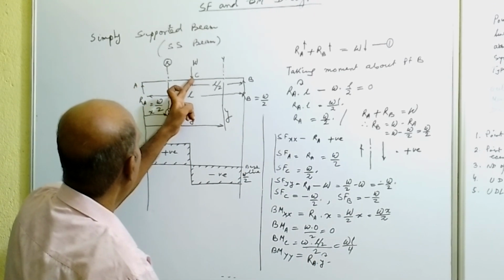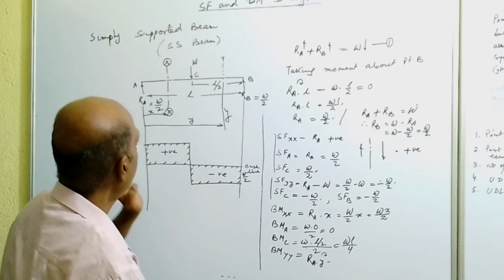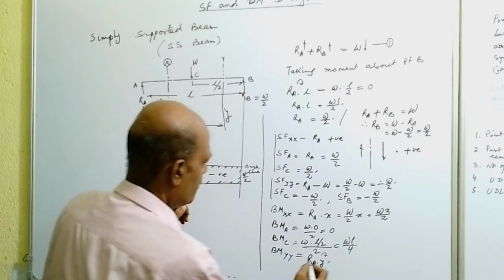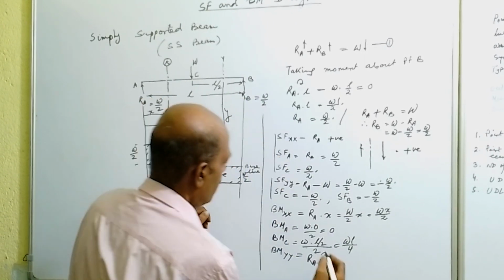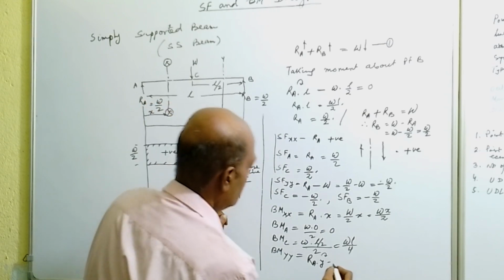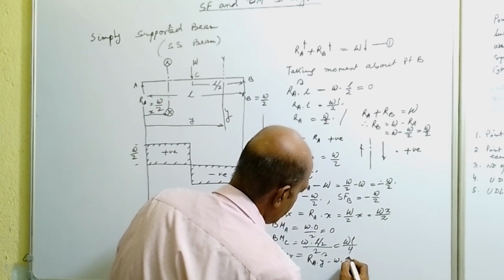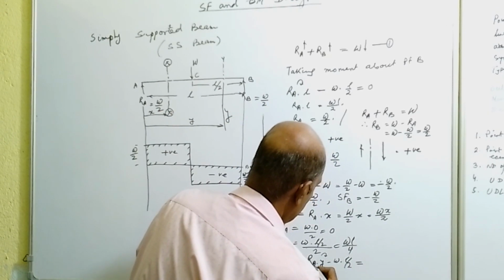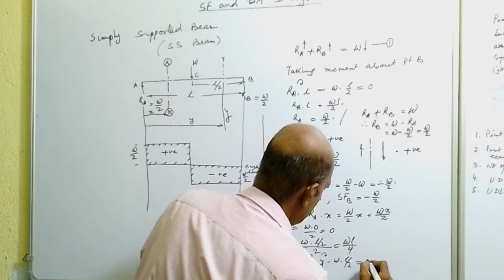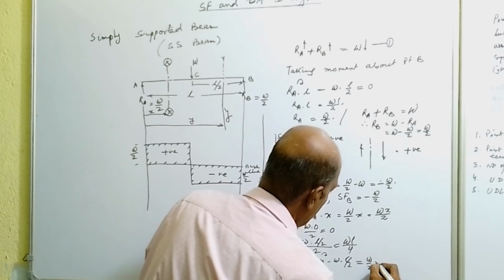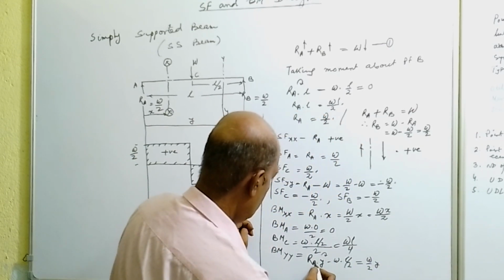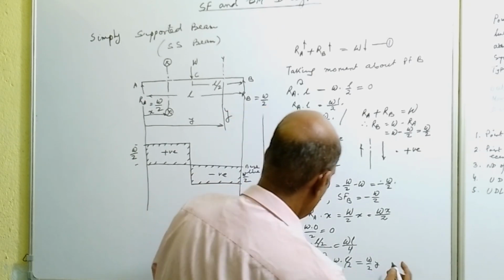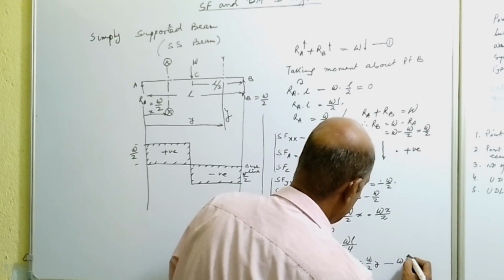Now this W also will give a moment about YY section. So this will be minus, because it gives anti-clockwise moment, minus W into L by 2. So it will be RA into Y minus W into L by 2. RA means W by 2 into Y minus W into L by 2.